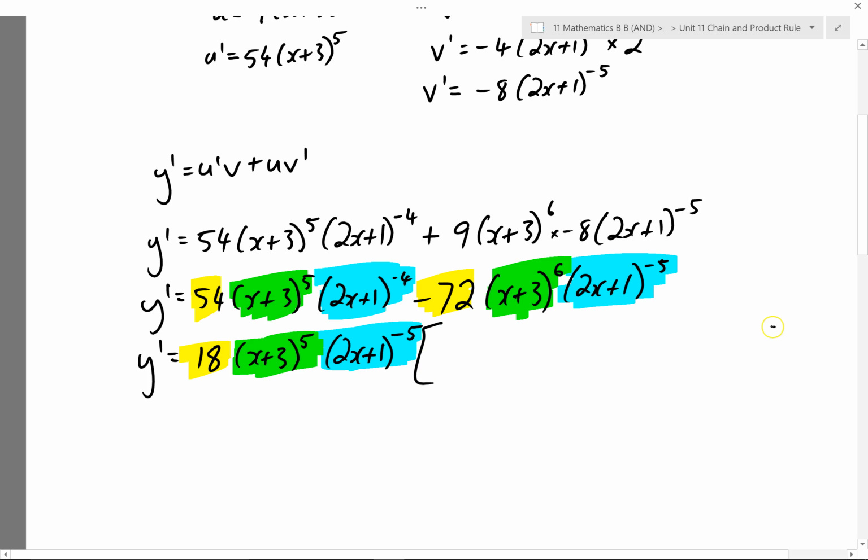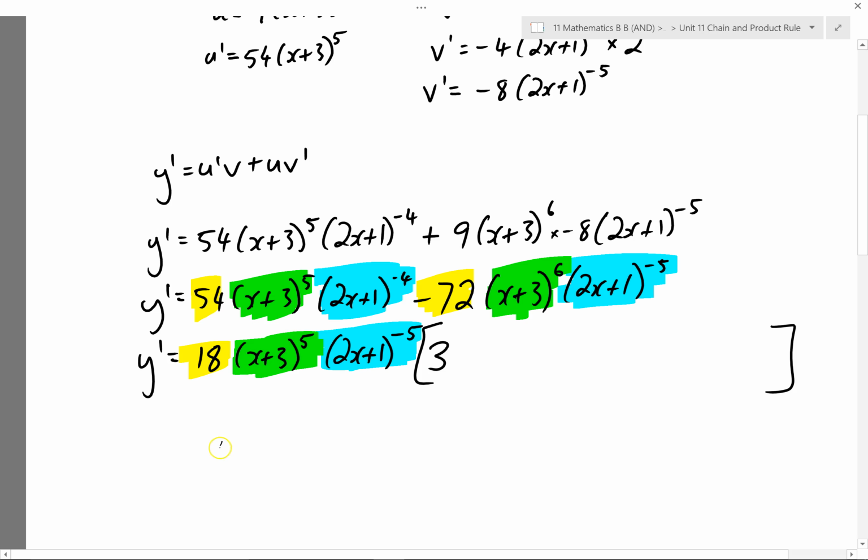Then inside a big set of brackets, I'm going to write what I need to multiply this by to get the terms inside. So to get from 18 to 54, I need to multiply by 3. I've already got the right power of my (x+3)s.